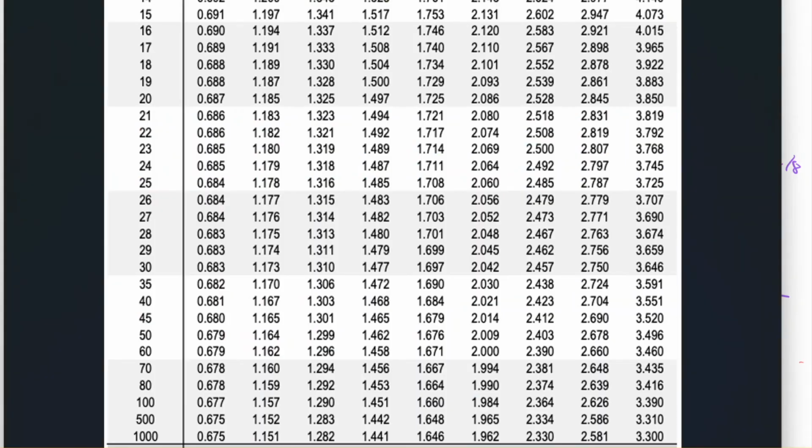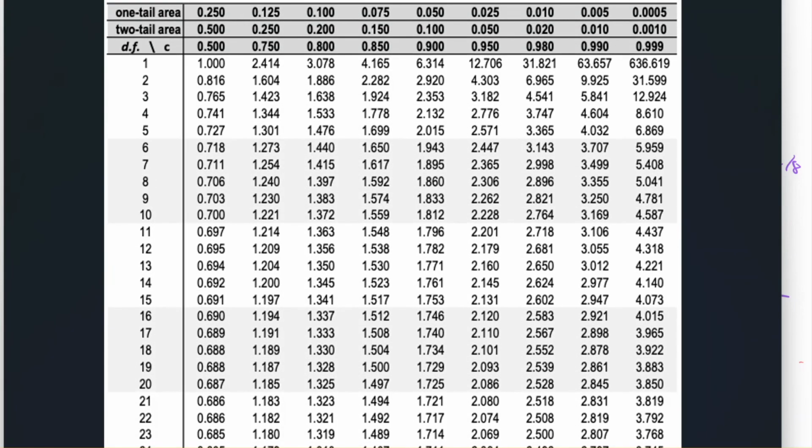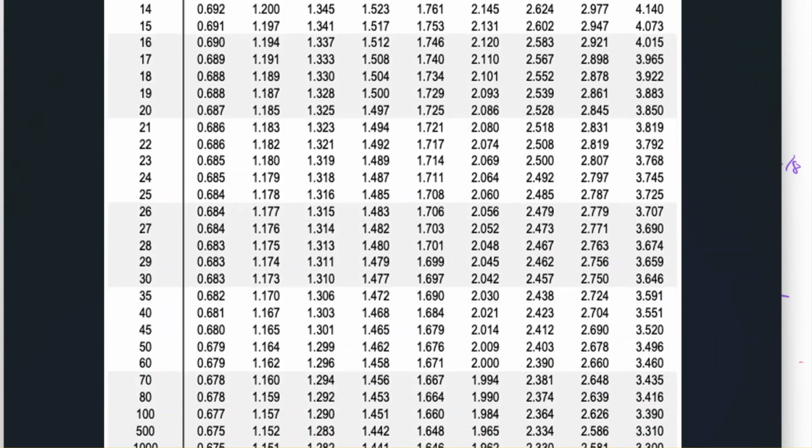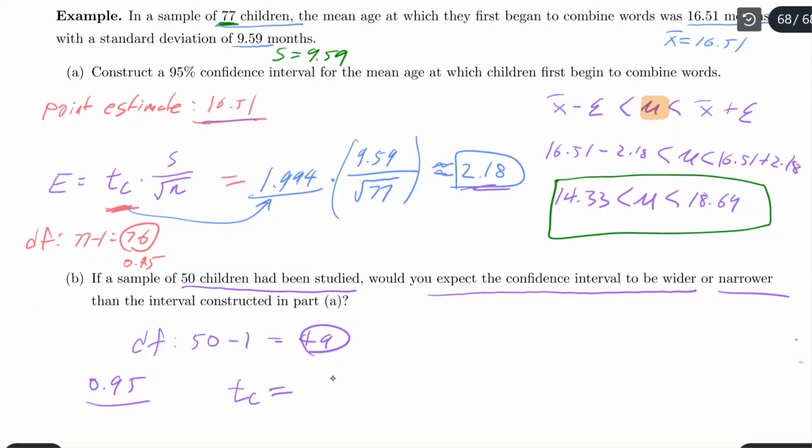So the critical value, let's find that. 49 is not here, so we look at 45, the closest smaller one. And 95 is right here. 2.014 is the critical value.